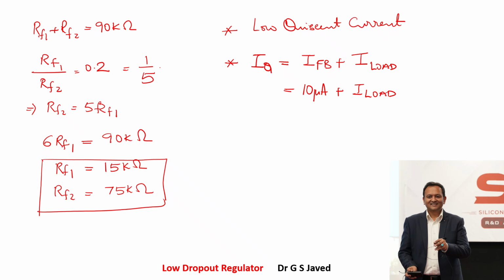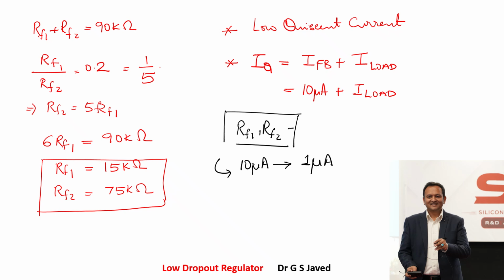This is a common interview question to understand how you select Rf1 and Rf2, right? And the concept is to see that you have a low quiescent current. Now there might be an option where, instead of 10 microampere, in some of the lower voltage or low current circuits they might ask you for an even lower value, 1/10 the value, as 1 microampere.